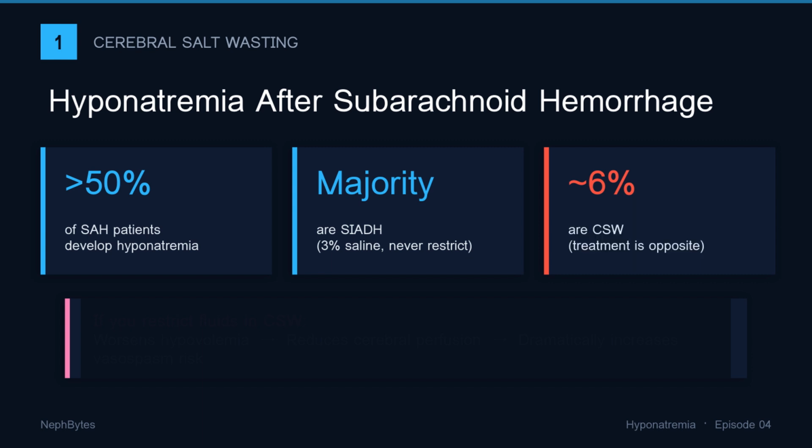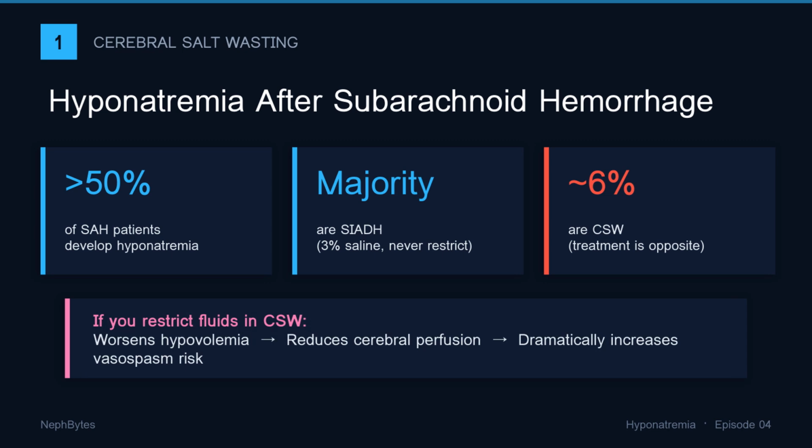But roughly 6% of cases are something else entirely. Cerebral salt wasting, or CSW. And that 6% matters enormously because the treatment is opposite. SIADH, fluid restriction. CSW, volume expansion.